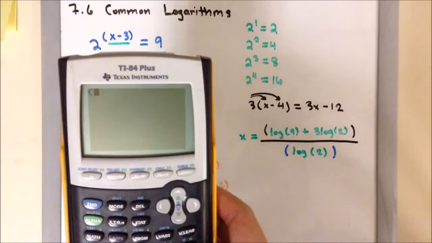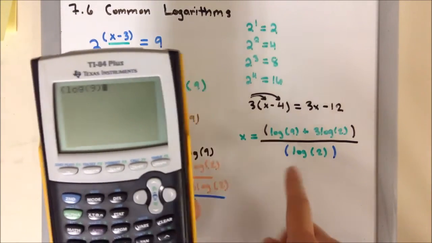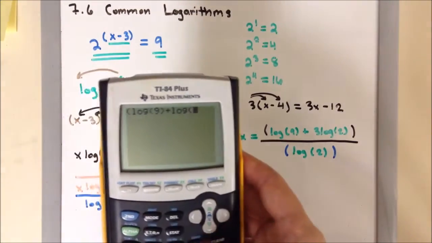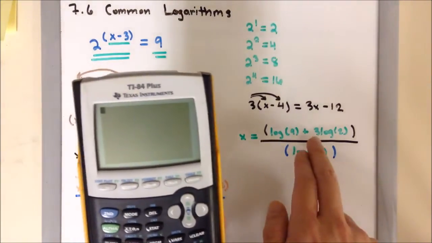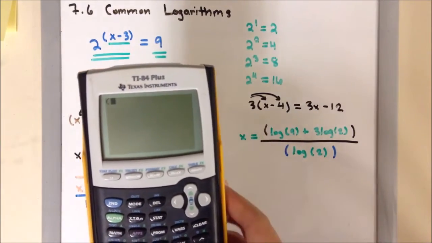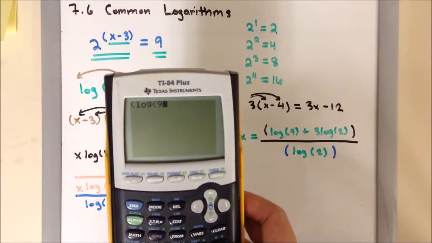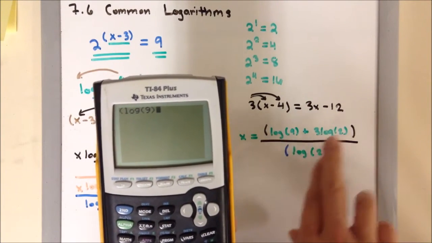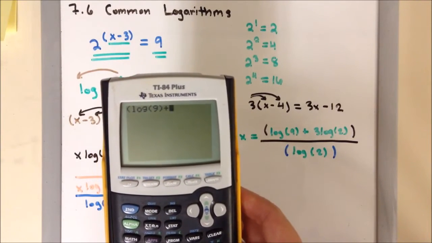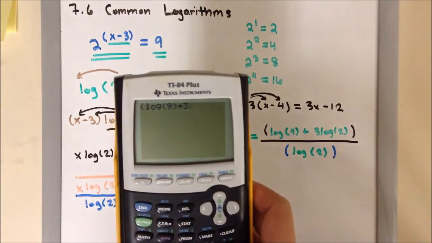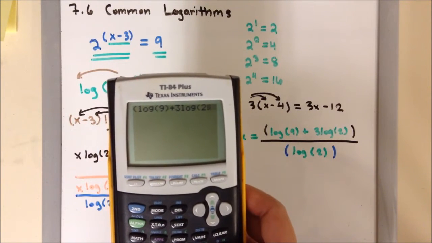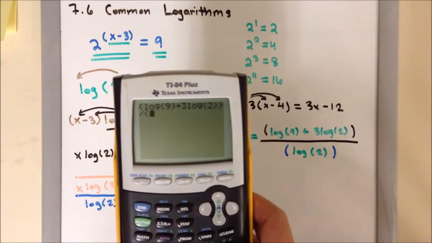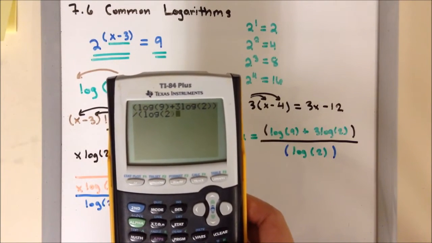So, parenthesis, log of 9, close parenthesis, plus 3 log of 2, close parenthesis, and then close it again, divided by, open parenthesis, log of 2, close parenthesis, twice. I wanted to say that the 9 is with this log and it's separated from the other part.